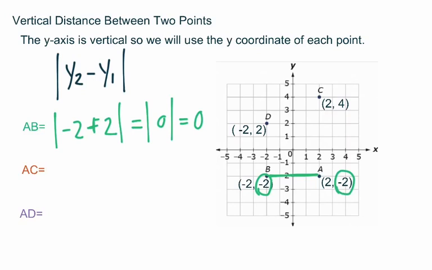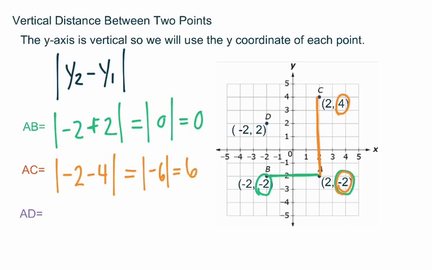Let's find the vertical distance between A and C. We're looking at y-coordinates, absolute value of -2 minus 4. That's going to give us -6, and the absolute value of -6 is 6.